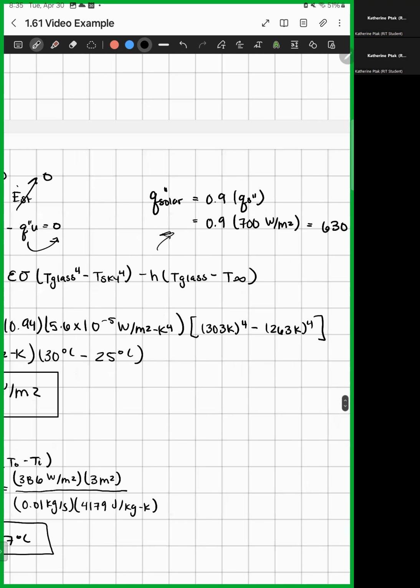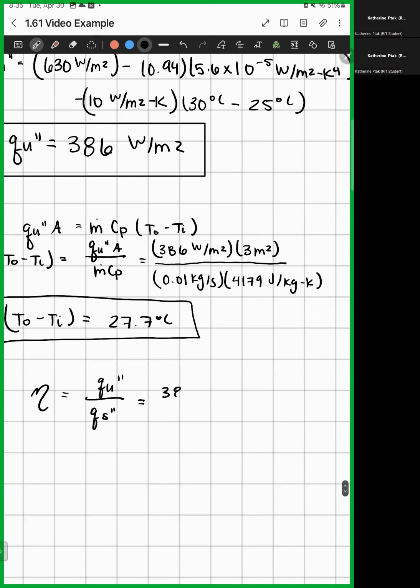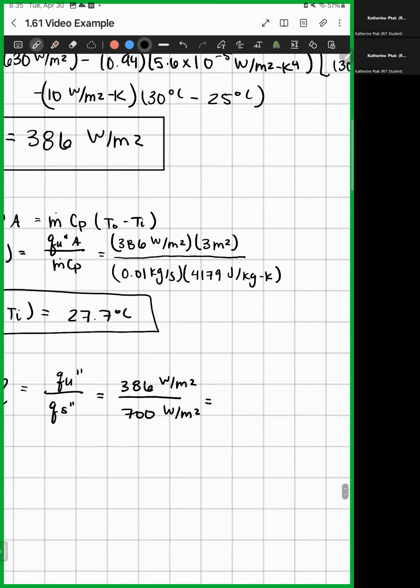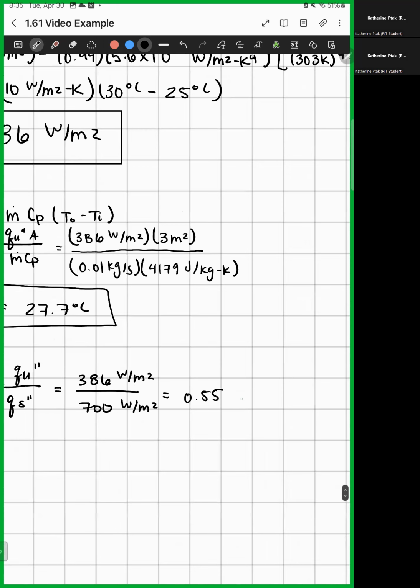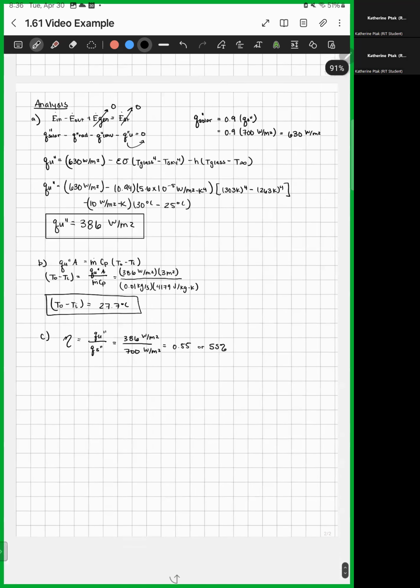This is of the total QS, so not multiplied by that 0.9. So then you would do 386 watts per meter squared over 700 watts per meter squared, and that equals 0.55 or 55%. And that is the end of this problem.